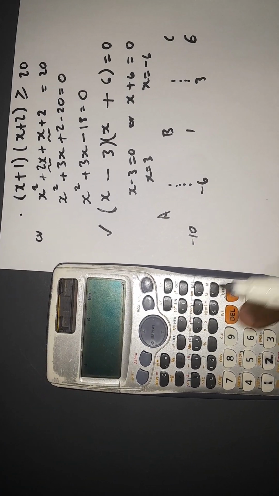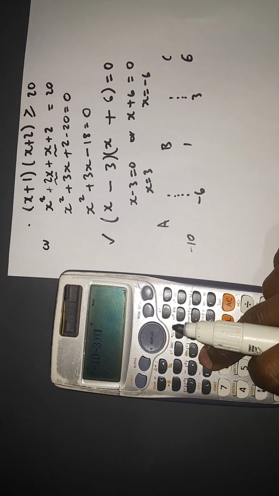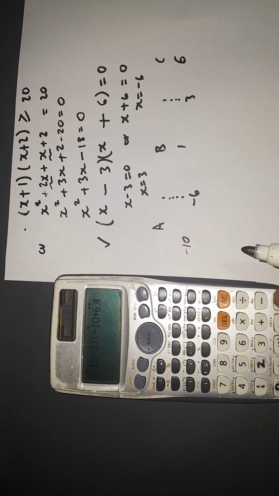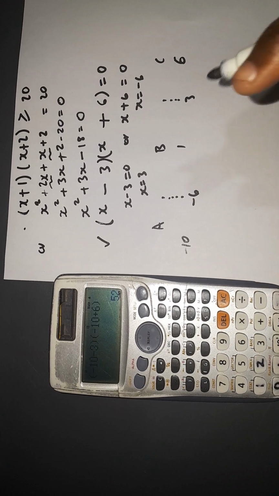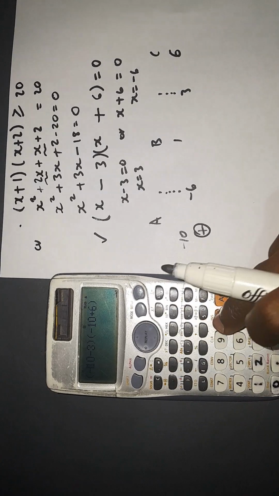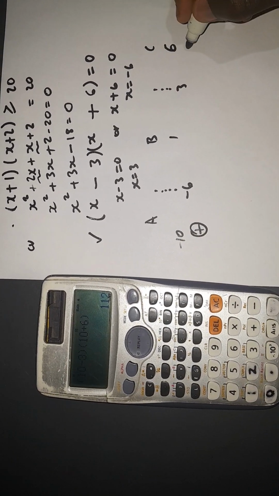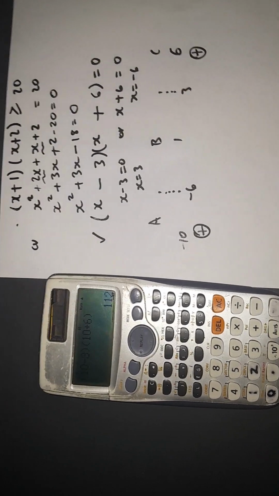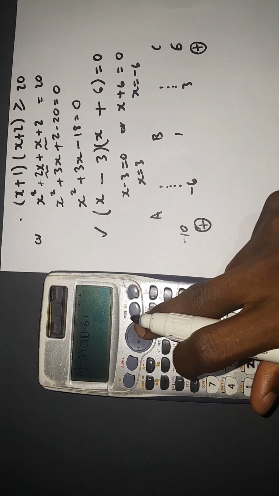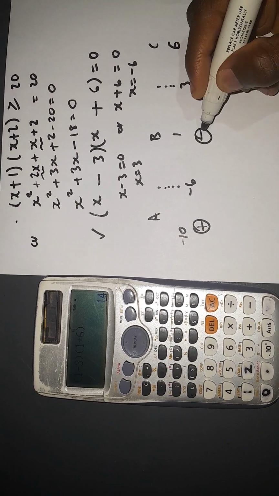So now it will be negative 10 minus 3 and negative 10 plus 6. The answer will give us a positive number. For this portion here, 1 would give us a negative number.